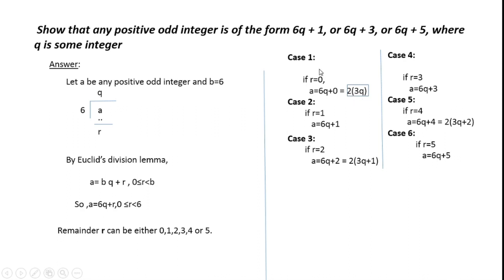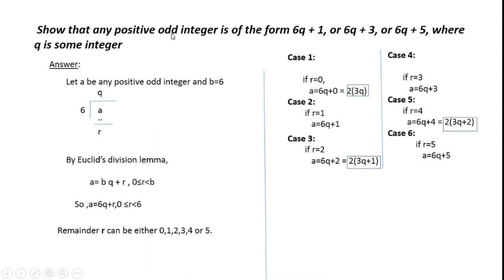From all this, see case 1, r equals 0, we can write as 2 into 3q. Case 3, 2 into 3q plus 1. Case 5, 2 into 3q plus 2. These are all multiples of 2. That means these are all even numbers.